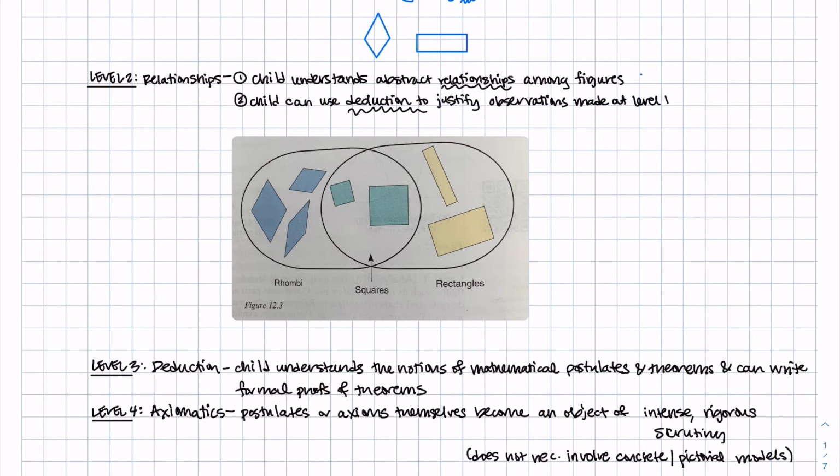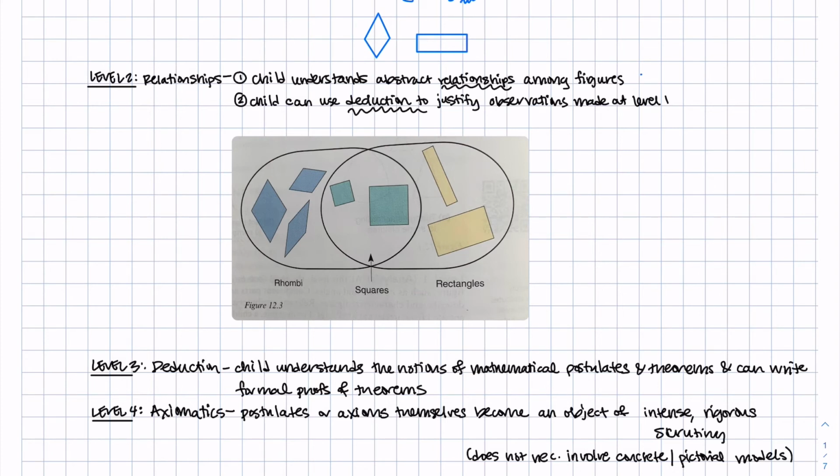So they might be able to identify some of the properties that each of these things have in common. For instance, squares are a type of rectangle, but rectangle also includes some things that are not necessarily squares, like these 2 yellow shapes, right? And the same thing with squares being a type of rhombus, but a rhombus also includes things with not necessarily right angles here, but does have all equal sides.